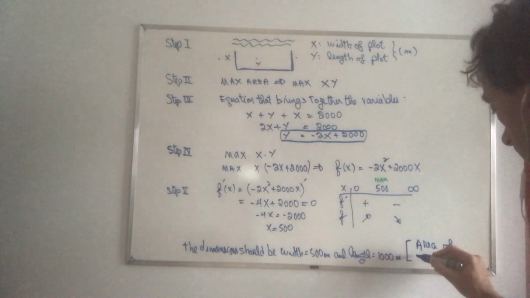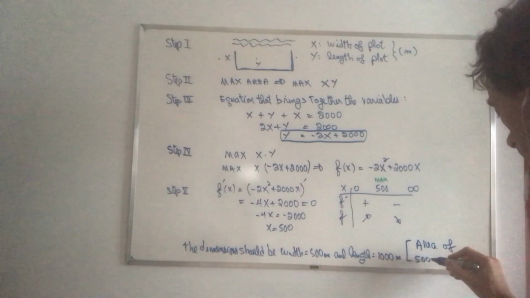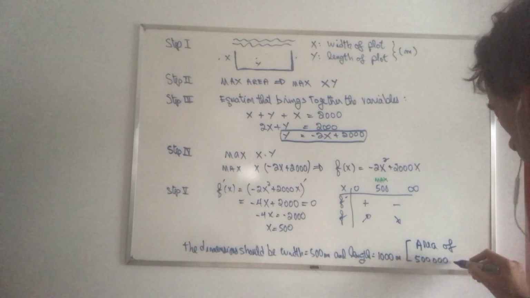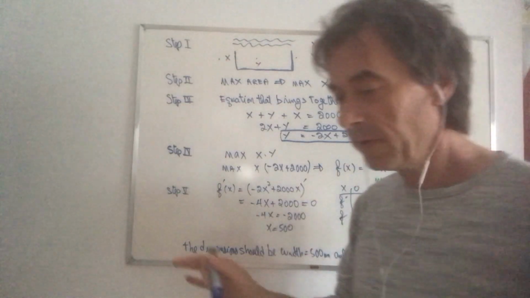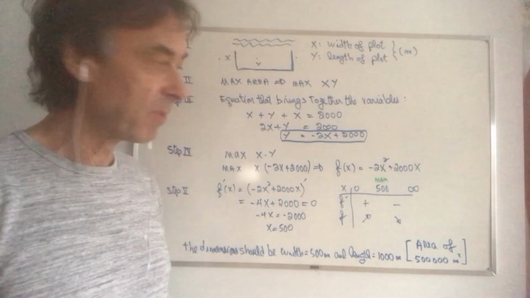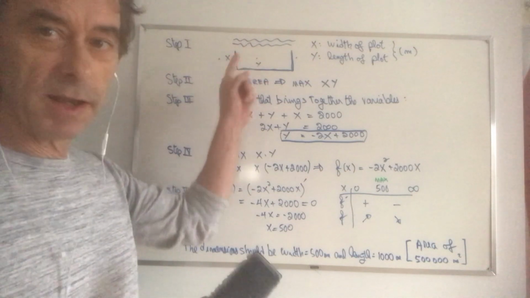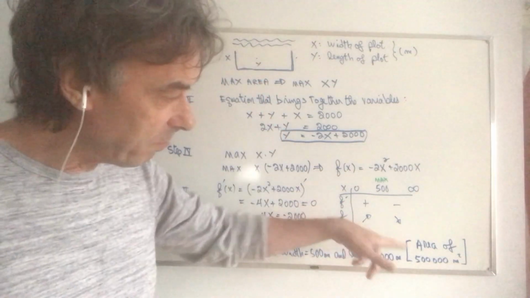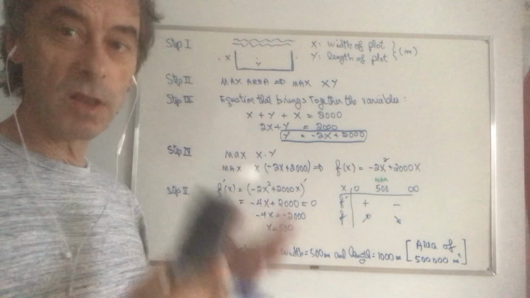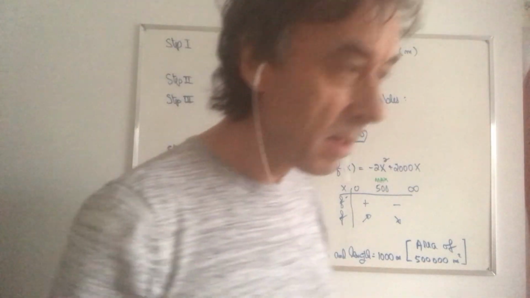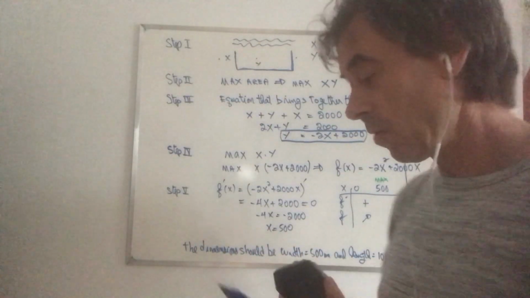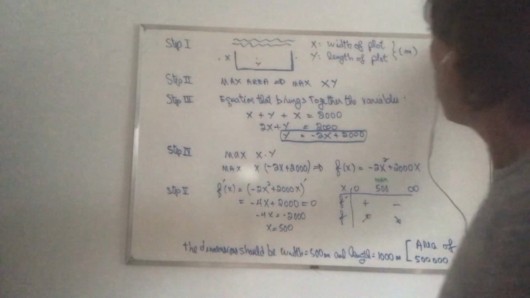So that's 500,000 square meters. What we're saying here in this problem is that you can't beat this. No matter how you do trial and error, you can never beat that value. This is the largest area that we can come up with. It can't be larger than that. So that's an example of how one of these problems can be solved.